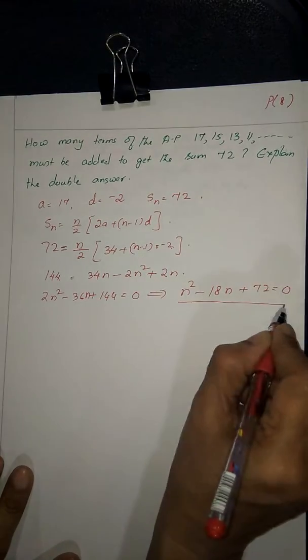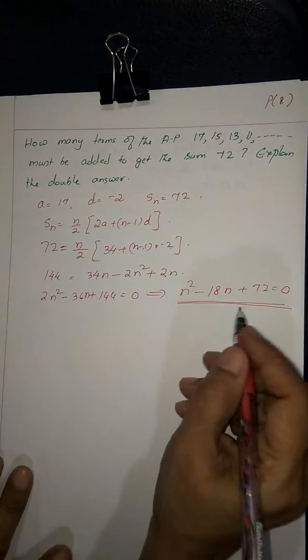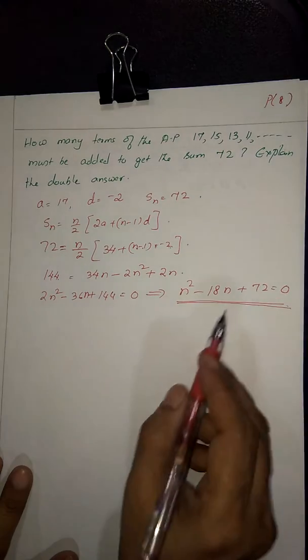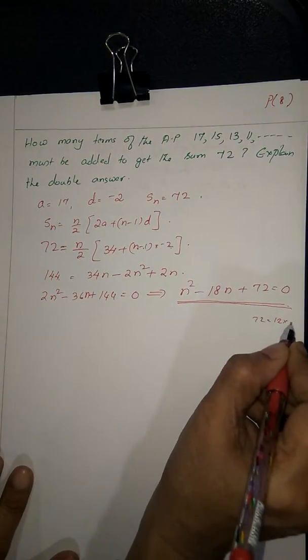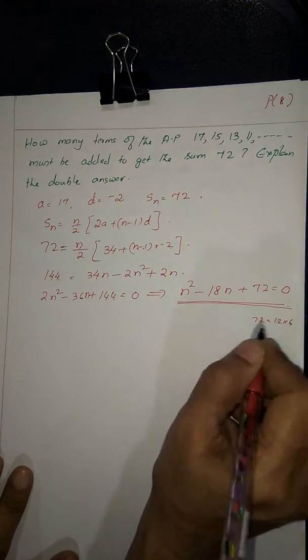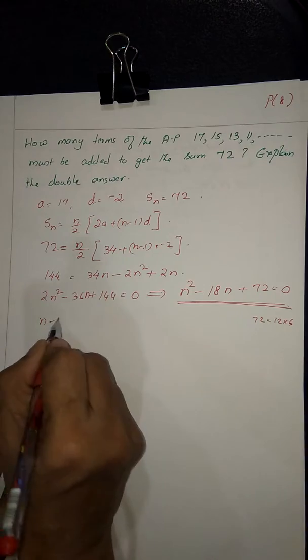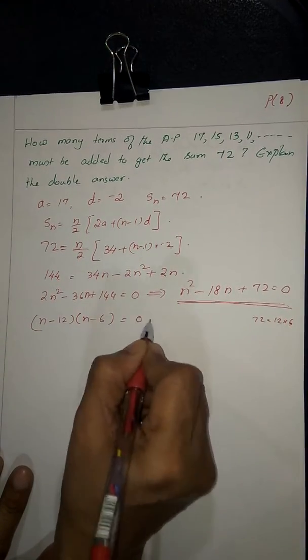So now this is the equation. Now we will factorize this. 72 is equal to 12 into 6. So you get n minus 12 into n minus 6 is equal to 0.